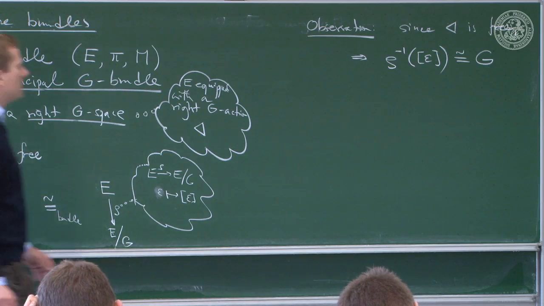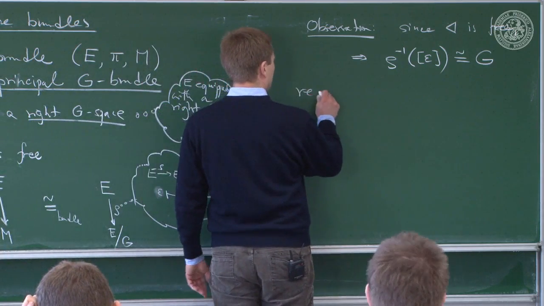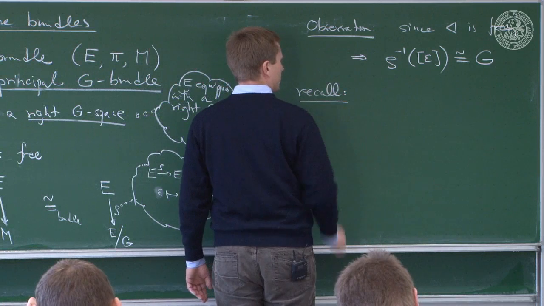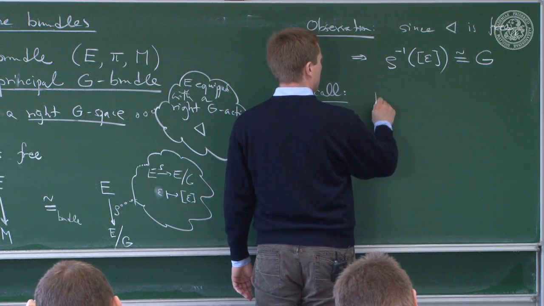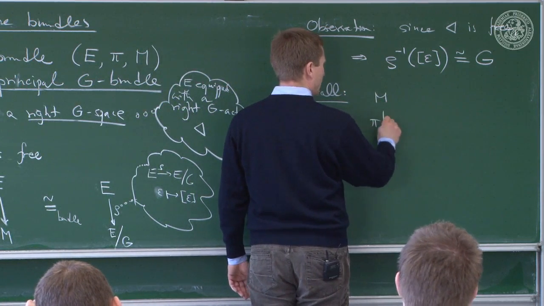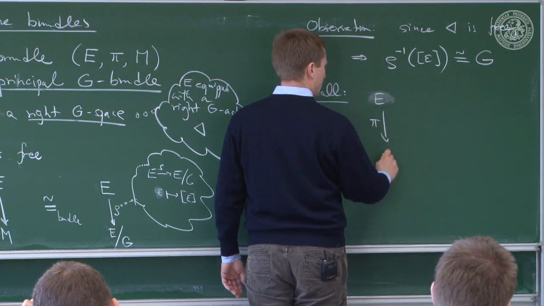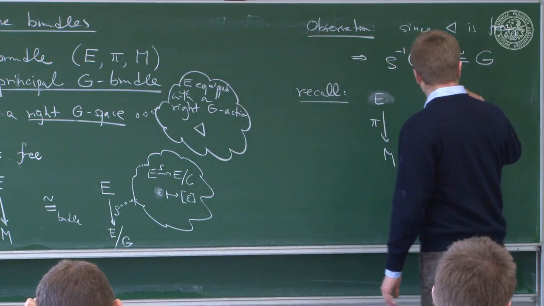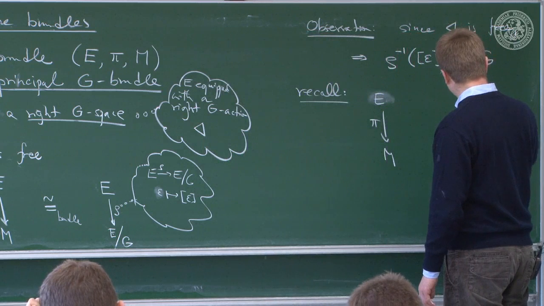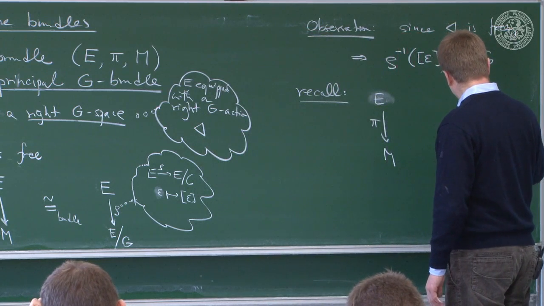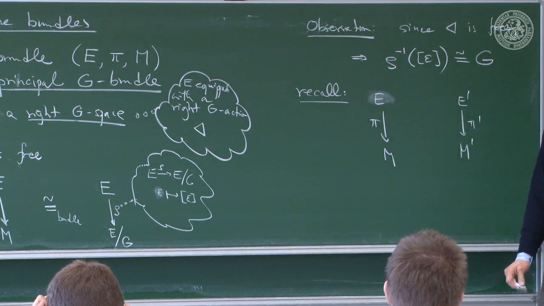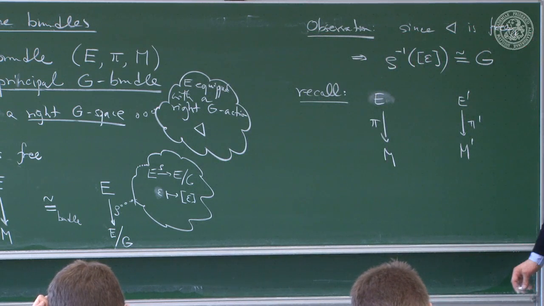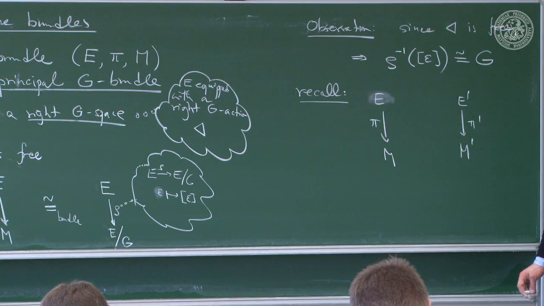So maybe I should recall, what was the definition of a bundle E, pi, M, and the bundle E prime, pi prime, M prime, so another bundle. When were they isomorphic? What was the definition?